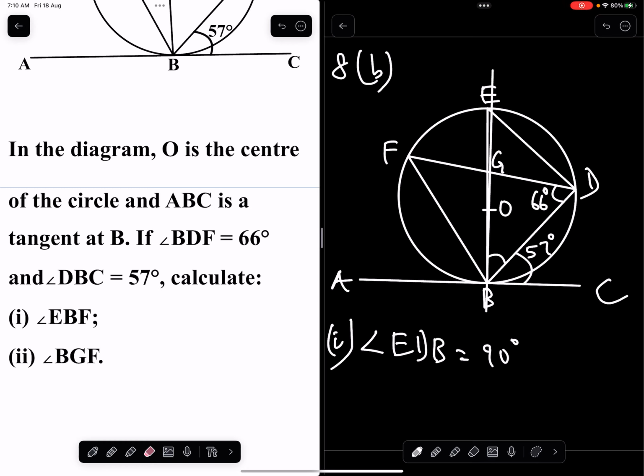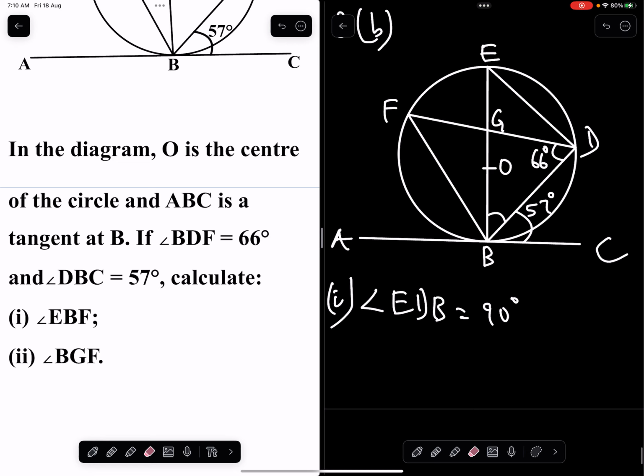The angle formed by any two lines that meet at the circumference to form a triangle with the diameter of the circle is the angle in a semicircle. ED and BD meet at the circumference to form a triangle with the diameter EB. So the angle formed by those two lines, ED and BD, is 90 degrees, and it is the angle in a semicircle. That's the reason.